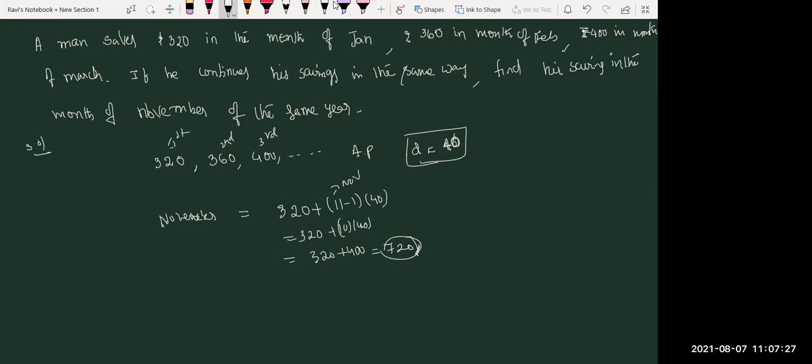Sir, instead of using this formula, can we use A11 equals A plus 10D? Oh yeah, you can use that. Because the 11th month is the November month, right? Yes, sir. A plus 10D you can write directly, no problem.